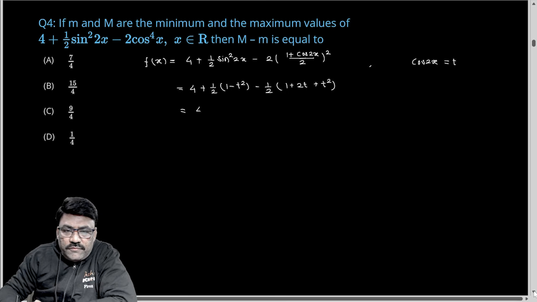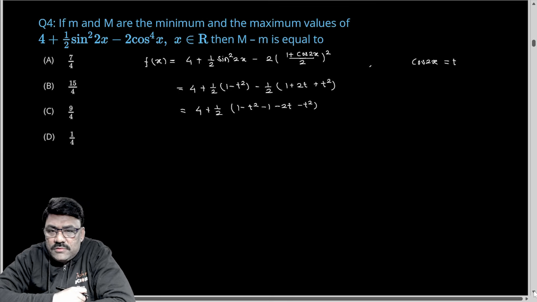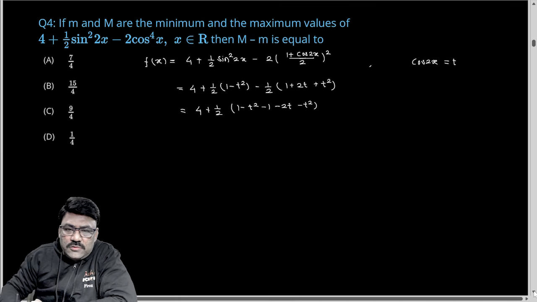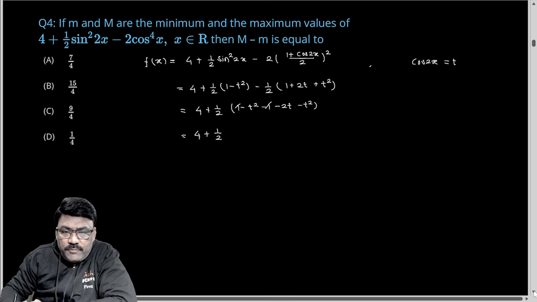Now you can write it as 4 plus half taken common, so it is 1 minus t square minus 1 minus 2t minus t square. So 1 disappears. Now it is 4 plus half, in fact, minus 2t square and minus 2t.